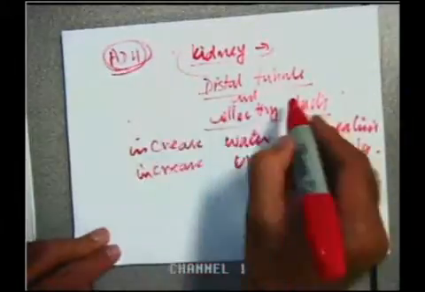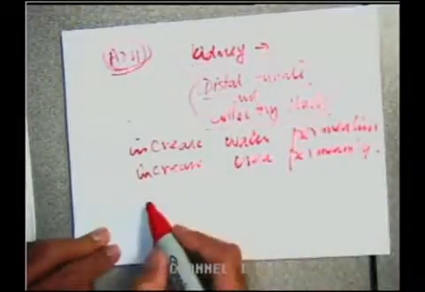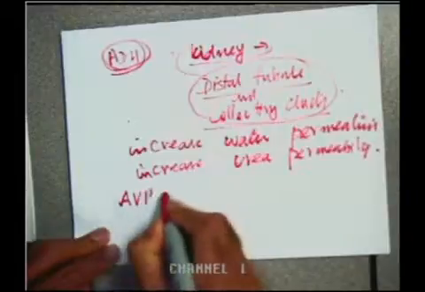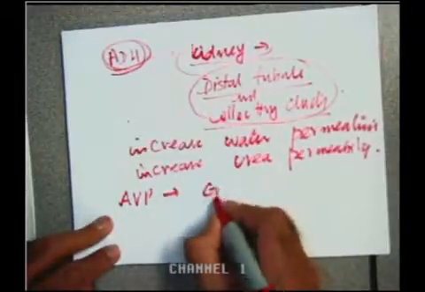So where exactly will it act on these tubules? As I mentioned before, the AVP acts via the GPCR mechanism.